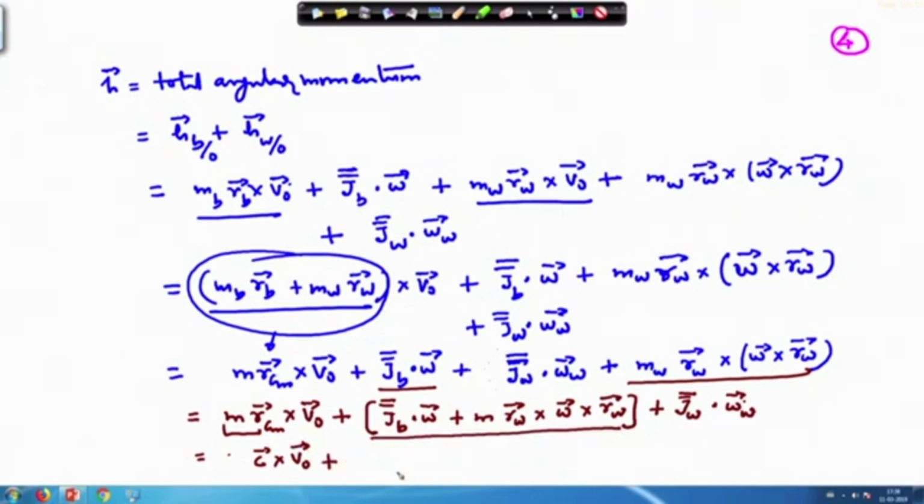So, this quantity you can see is the moment of inertia dyadic of the main body, J B double bar. And to this you are then adding this particular term.